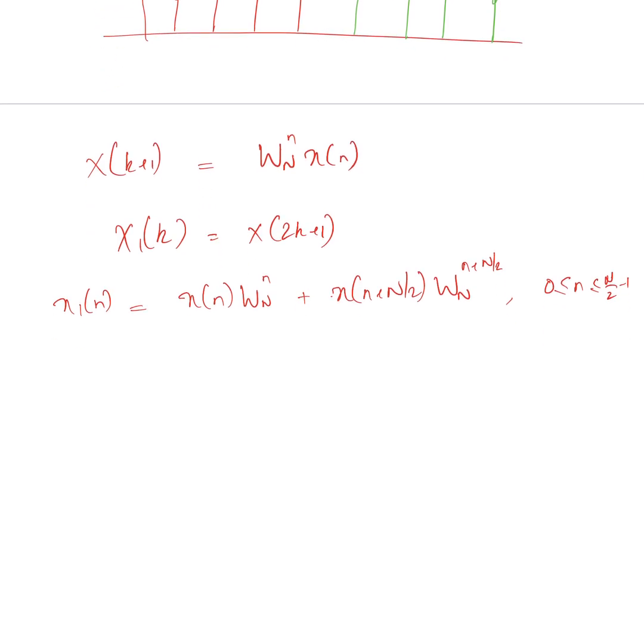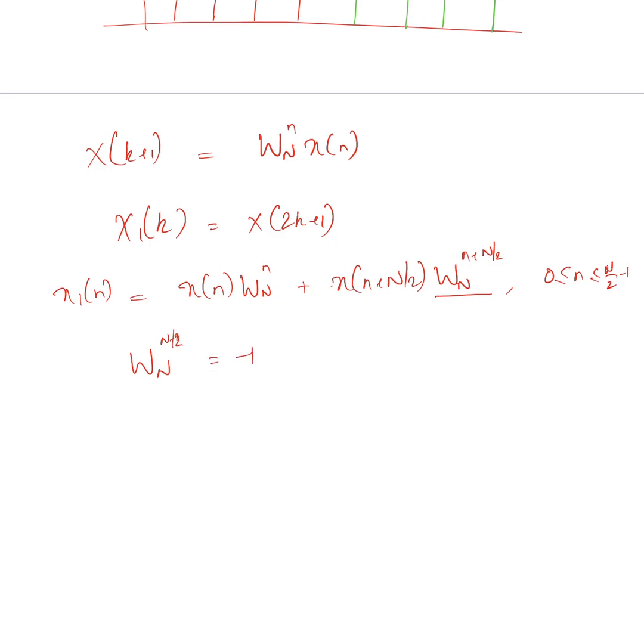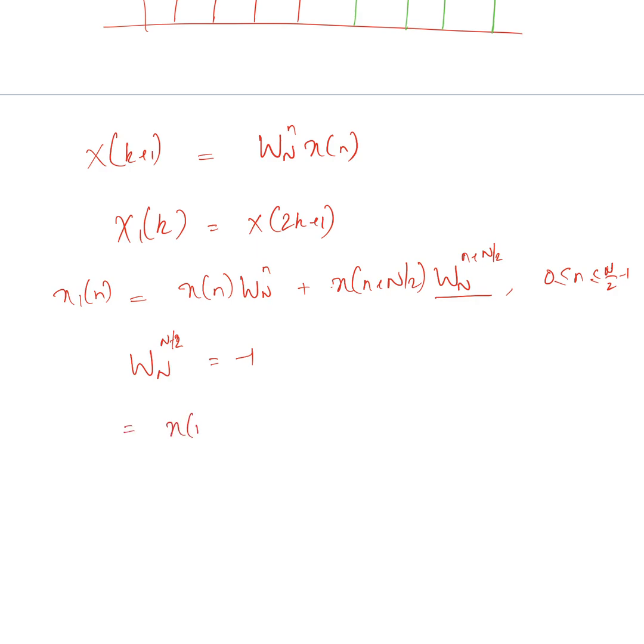Okay, now using the periodicity property, opening this exponential function, we know that W_N raised to the power n by 2 would be equal to minus 1. So we can represent it as x of n minus x of n plus n by 2 times W of n for n lying between 0 to n by 2 minus 1.